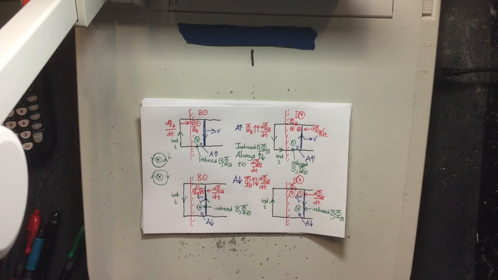Okay. But the induced flux is what determines the direction of the current, and the current is the one that determines the induced flux. What would happen, in situations like this, if the velocity of the bar is constant, then that change in flux is constant.